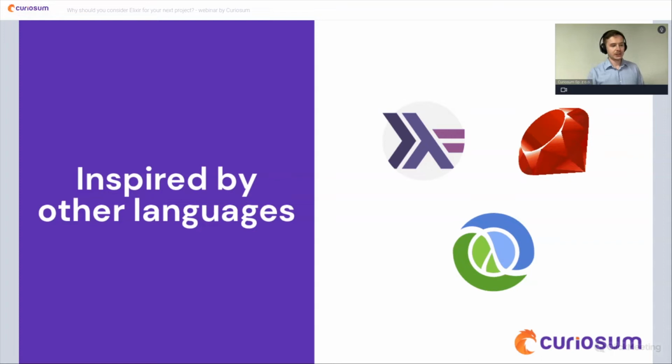Some of the syntax patterns are similar here, but it's not that everything from Ruby was used to create Elixir. Some percentage of the things that you will see in Elixir and Ruby are similar, but a lot of things in Elixir are much more different than Ruby. We also have Clojure and Haskell here. These languages were also inspiration for Elixir.